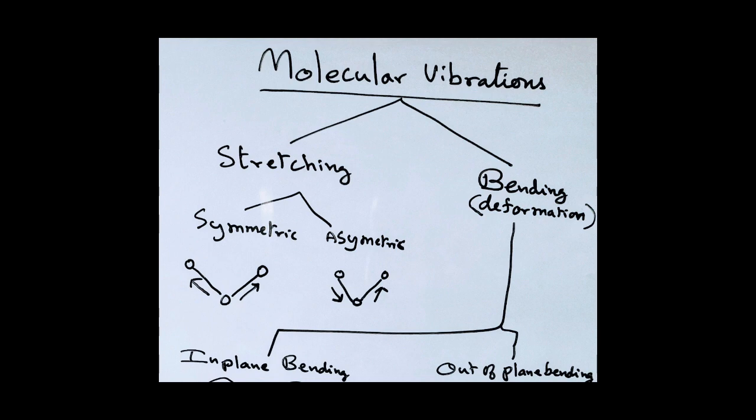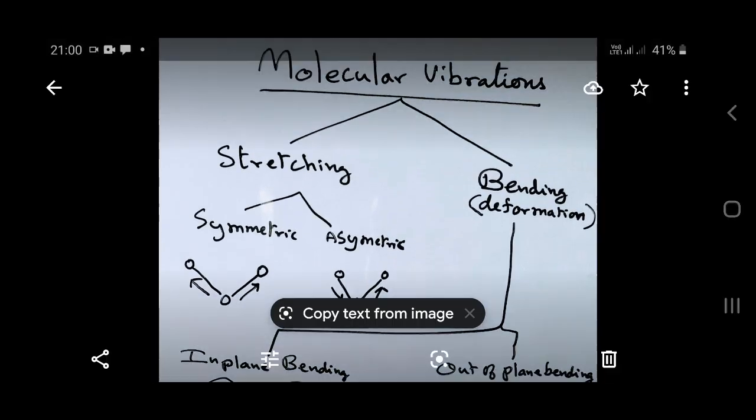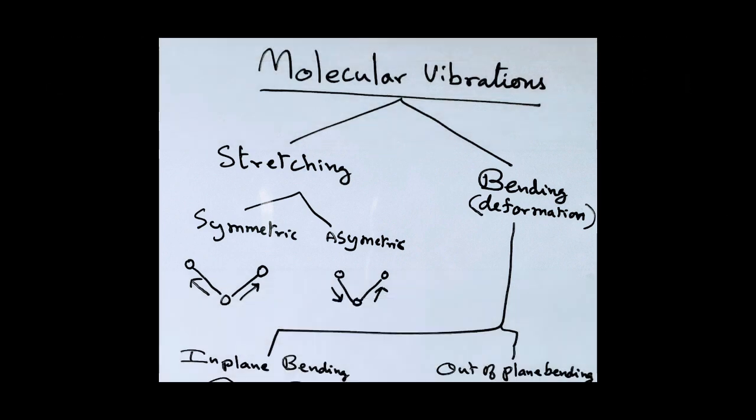One is symmetric and another one is anti-symmetric or asymmetric stretching vibration. And coming to the bending vibration, we have in-plane bending vibration and out-of-plane bending vibration. Once again, the in-plane bending vibration is of two types, scissoring and rocking. And out-of-plane bending vibration is of two types, namely wagging and twisting.